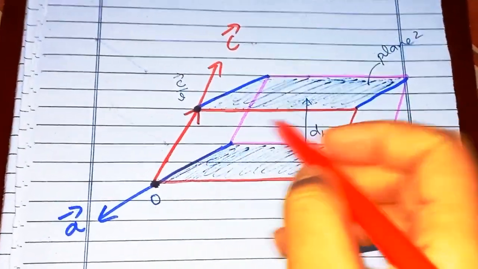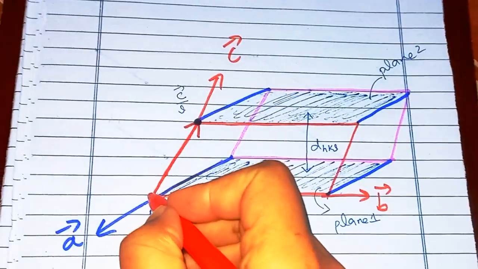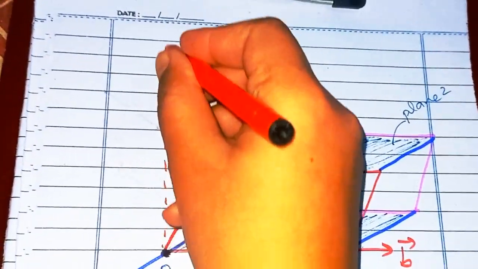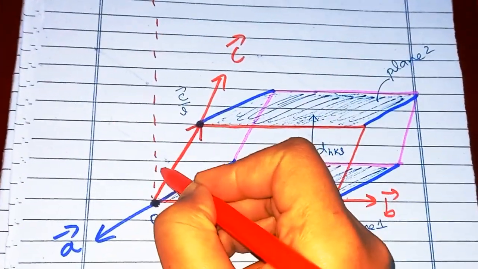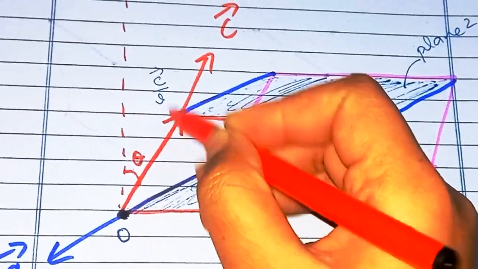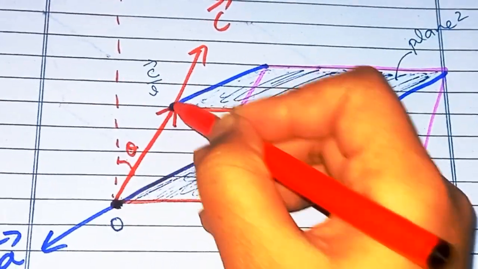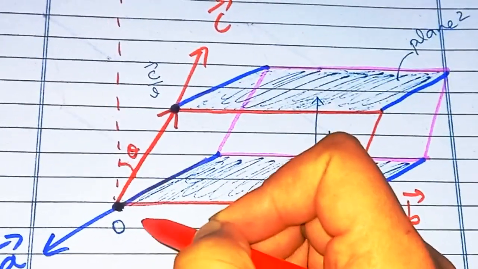And how can we do that? For that purpose, you can say this is the d vector, vertically upward. We can draw a reference line here, and the c by l vector points from the origin to this point, so it makes an angle theta with this line.